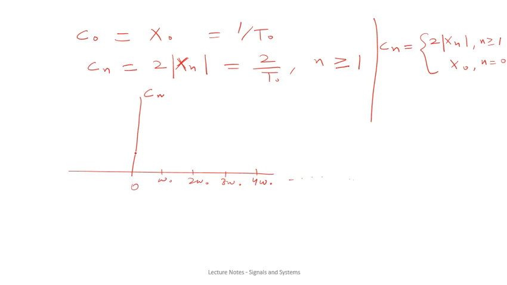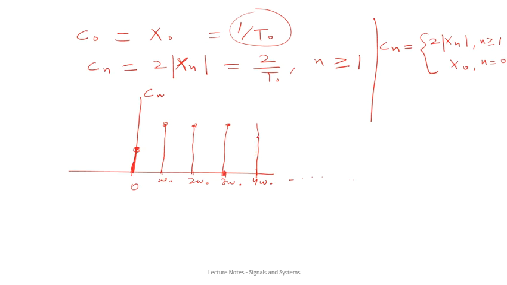So at 0 it is 1 upon t naught. Let us suppose that I represent this by this 1 upon t naught, and at all the successive values it is now 2 upon t naught. So whatever this height is, you just double this height, and it will be 2 upon t naught at all the instants.